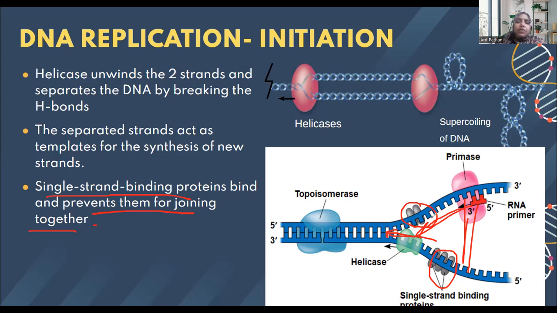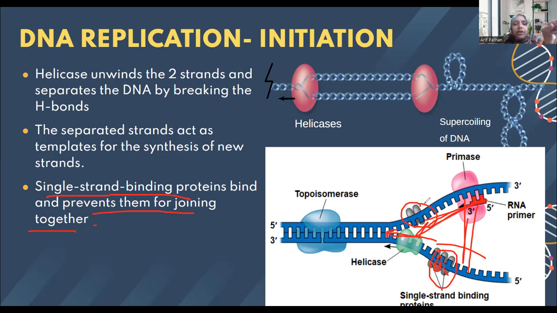Once the daughter strand on both the template strands has been made, they can come together again. But by the time the new DNA molecule is getting prepared over here, single stranded binding proteins will be required to keep them separated. Okay, so individual proteins on one strand, another set of proteins on the other, will keep the strands separated for a certain period of time.